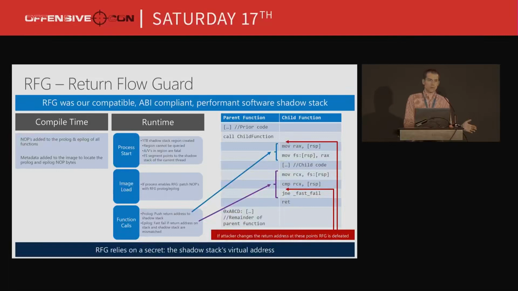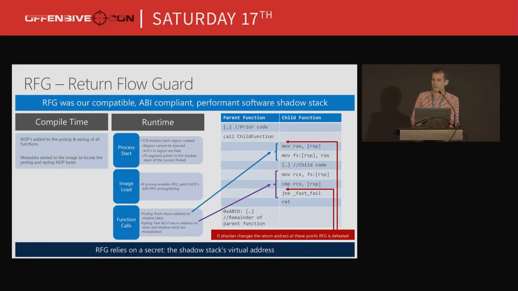So if user mode tries to query this region using VirtualQuery, they receive no information about what is mapped in this region, what is unmapped in this region. It's just a big blob to them. And any access violations in this region are fatal. Even if you're inside of an exception handler, if you blow up inside of this region, the process crashes. And then what we can do is we can allocate shadow stacks at random positions in this region. And we can point the FS segment register to the shadow stack of your particular thread.